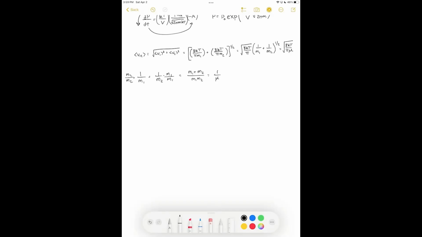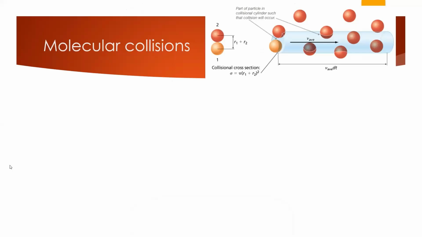In that case, the reduced mass becomes m1 over 2m1, or 1/2 m1. And we'll see that come up in the following expressions when we go back to the slides. So with this in mind, we can go and actually describe what's happening in these collisions.